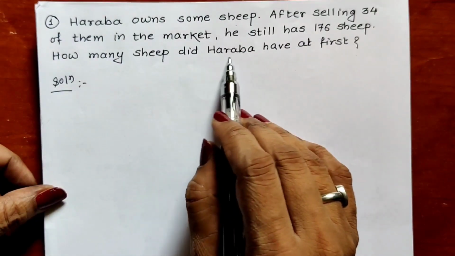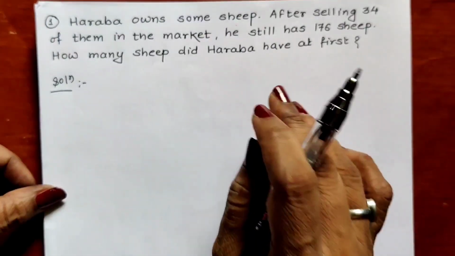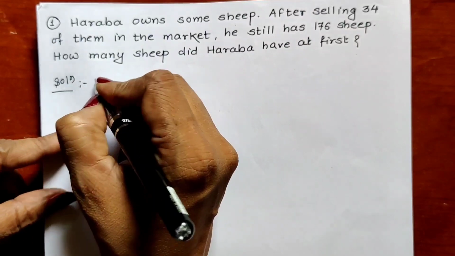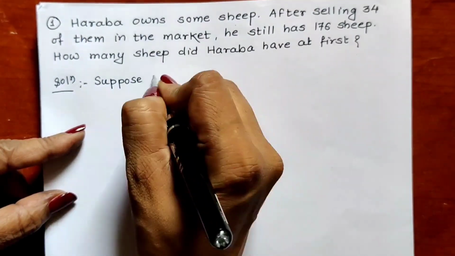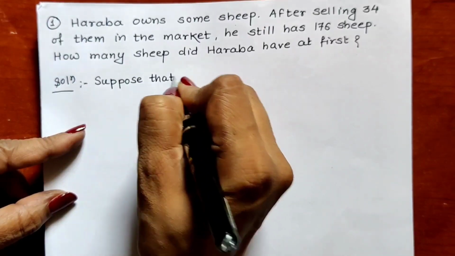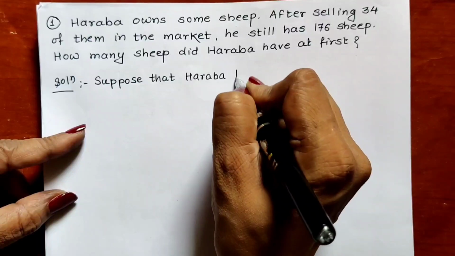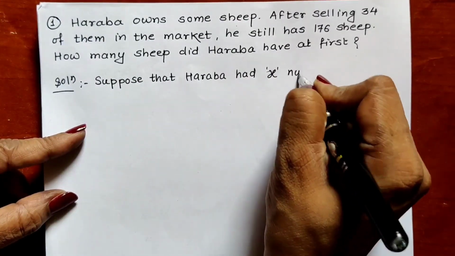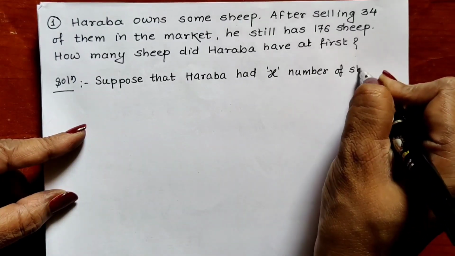How many sheep did Haraba have at first? So the number of sheep he was having at first we have to find out. So let us suppose that Haraba had X number of sheep.